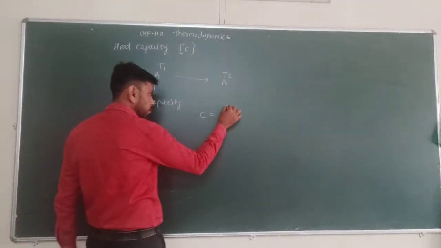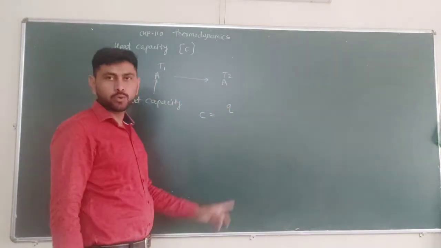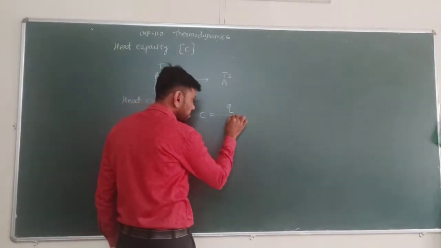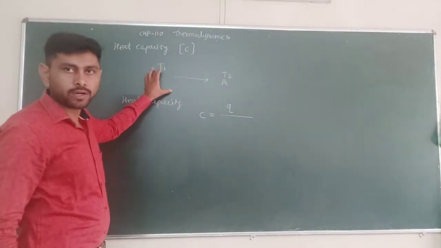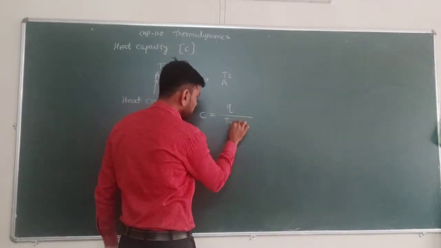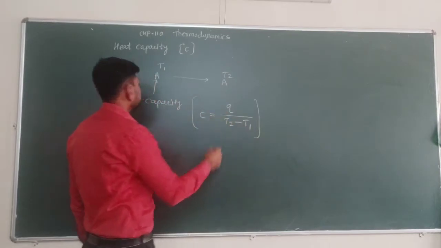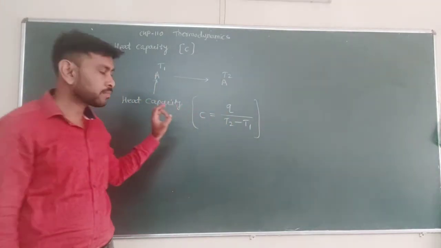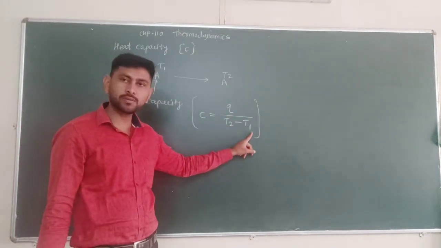Mathematically, it is expressed as the amount of heat Q required to raise the temperature of the system from lower to higher, divided by the difference T2 minus T1. So this is heat capacity. So C is equal to Q upon T2 minus T1.